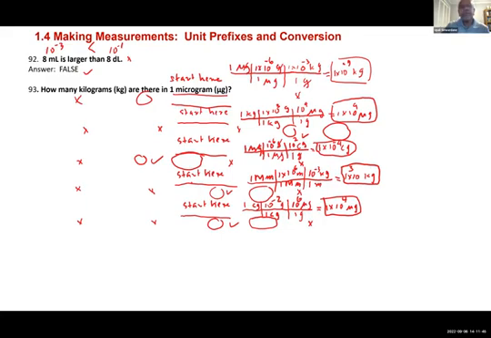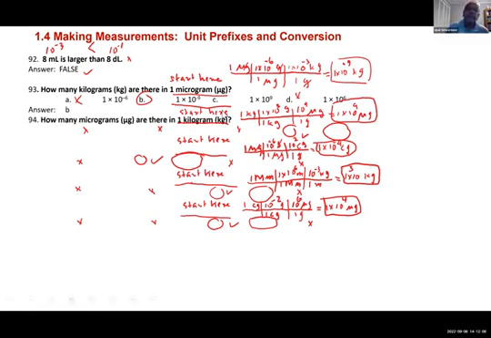So if I do this conversion in problem 93, you start with micrograms right here. You go through the conversion factors, you get 10 to the negative 9. So let's check the answer, 10 to the negative 9, answer is C. Do you remember how we did that previously?